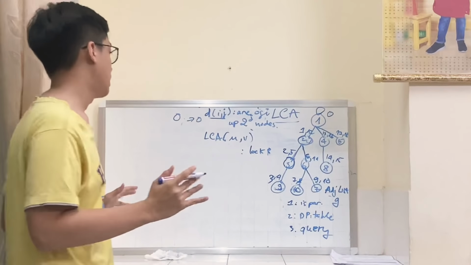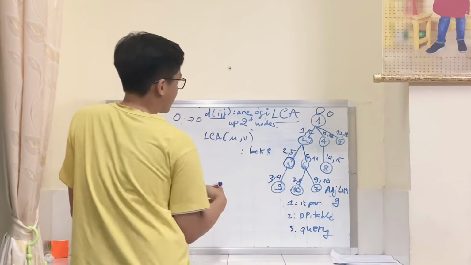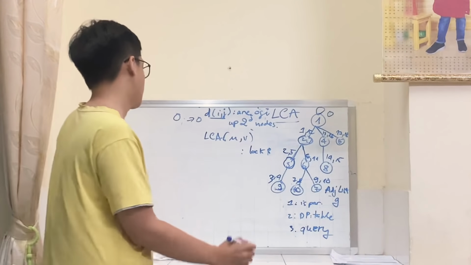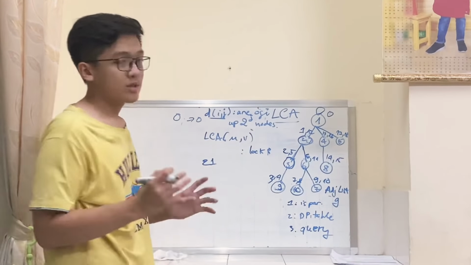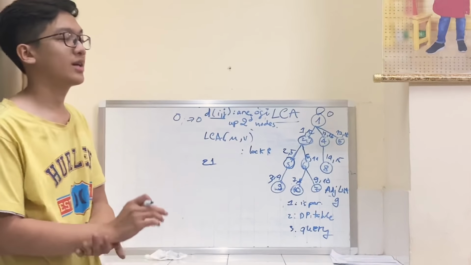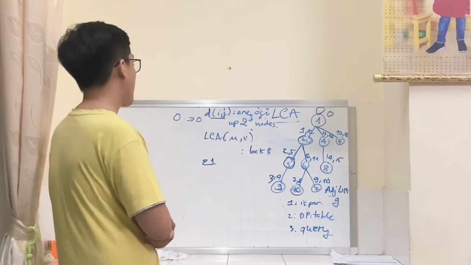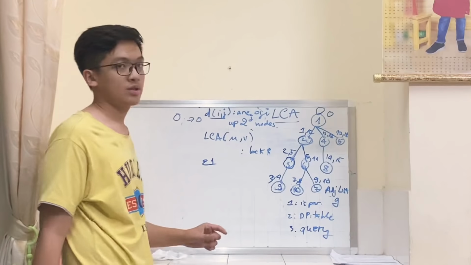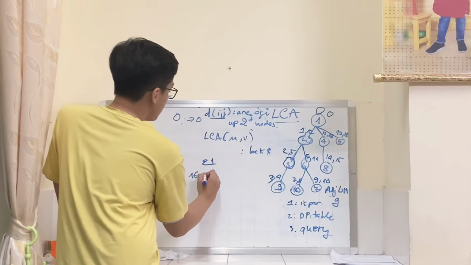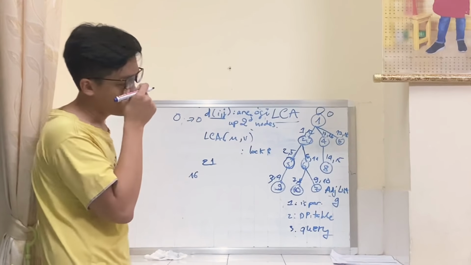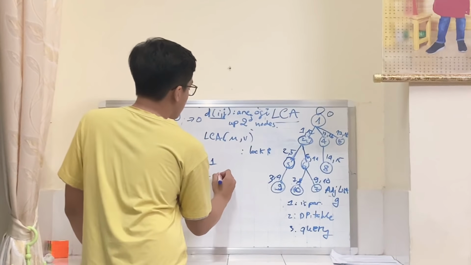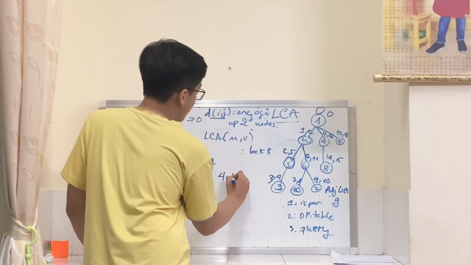If you have a number, for example 21, you look from log n down to 0, and you can represent 21 with 16, which is 2 to the power of 4, plus 2 to the power of 2, plus 2 to the power of 0.